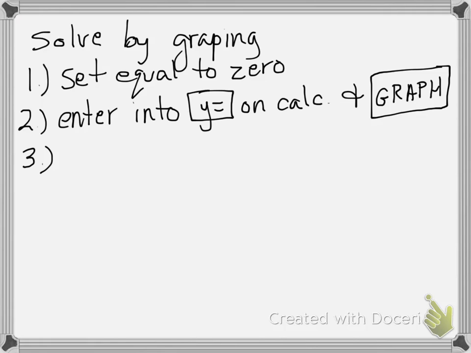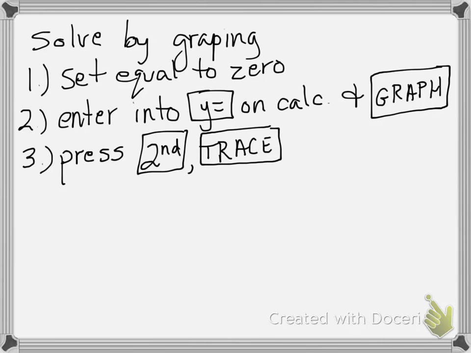Now where on the graph represents your solutions? That's going to be your zeros or your x-intercepts. And the way you calculate anything from a graph on your calculator is press, who knows it? Say it before I write it. Second trace.